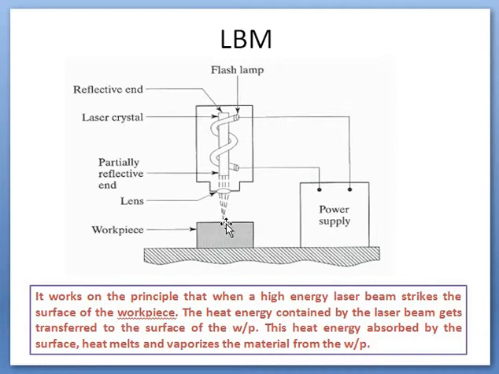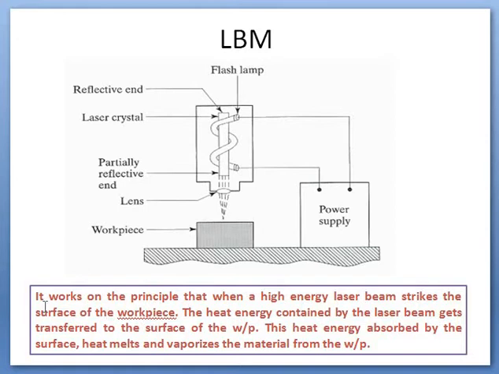When this concentrated ray strikes the upper surface of the workpiece, heat is generated. Kinetic energy is converted into heat energy, and that heat is utilized to melt or vaporize that part of the workpiece.